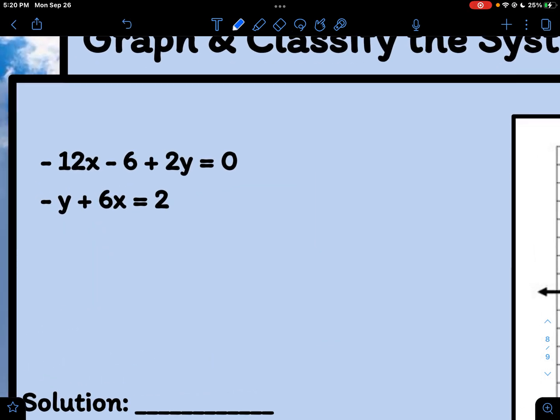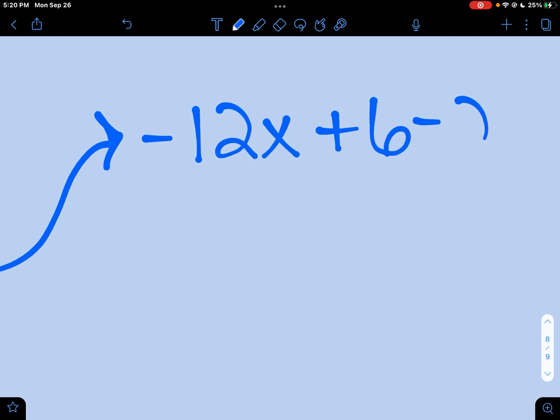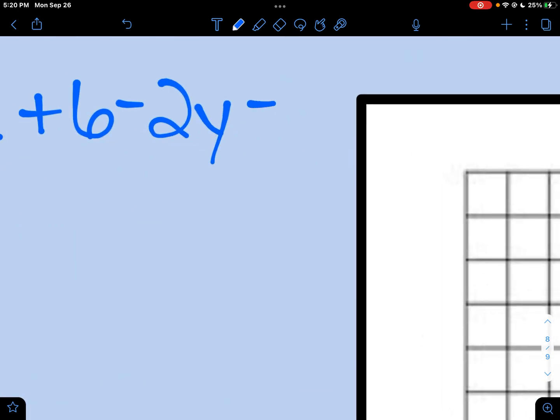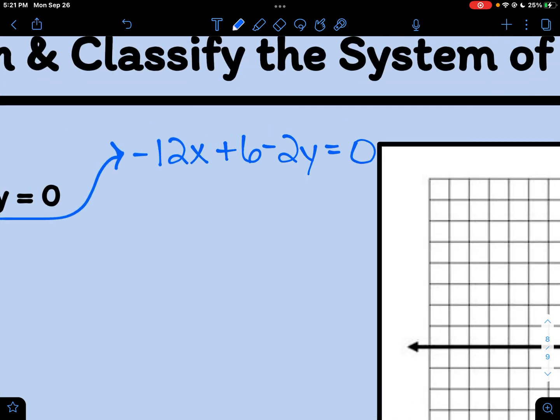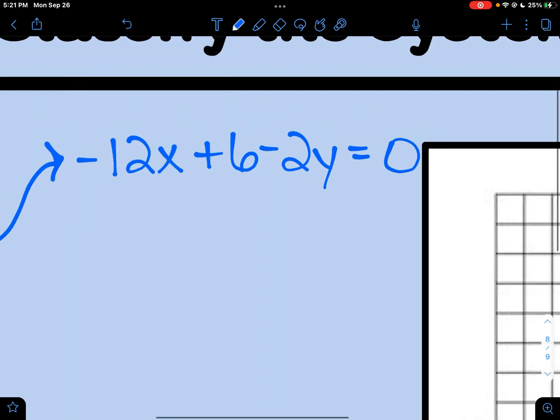Okay. Here's this one. Negative 12x plus 6 minus 2y equals 0. Was that what I said? Yep. So we need y equals mx plus b.